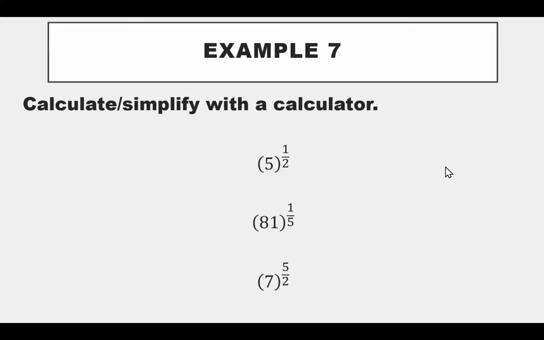Now, you can also calculate and simplify with a calculator. You can simply type in to your calculator 5 and raise it to the 1/2 power, or 81 and raise it to the 1/5 power, or 7 and raise it to the 5/2 power, or any of the ones we did before. And as long as we type it in correctly into our calculator, we should get the correct answer.